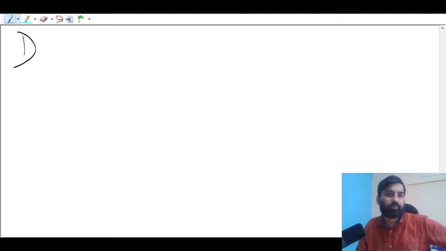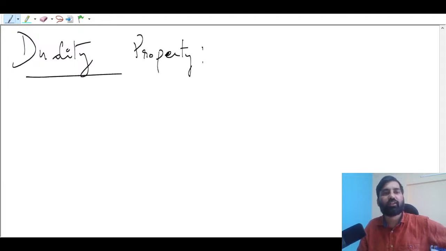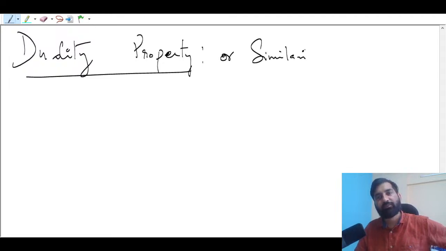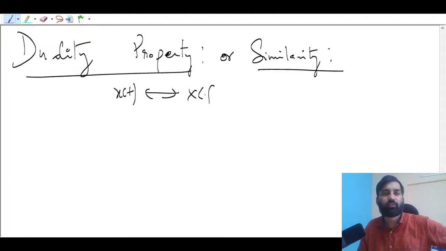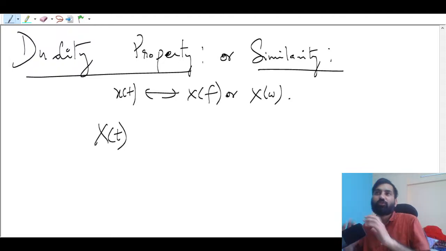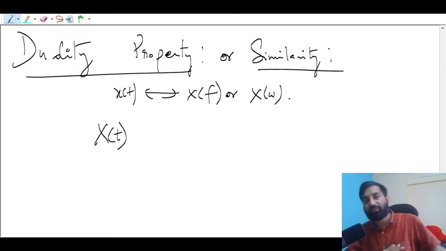The duality property, or we call it the similarity property also. So what is the duality property? Suppose x(t) has the Fourier transform X(f) or X(omega). Suppose capital X(t) is given, that is, you know the spectrum but in place of omega it has been replaced by t.